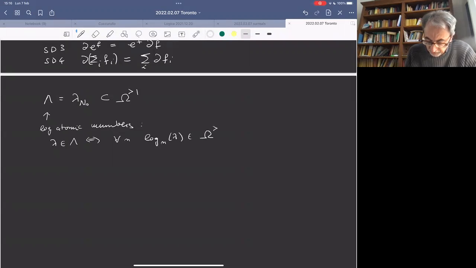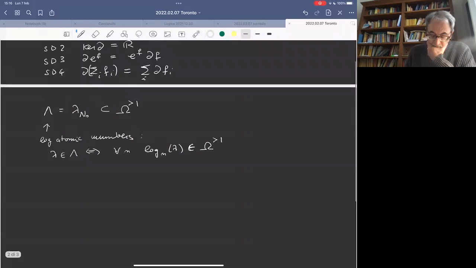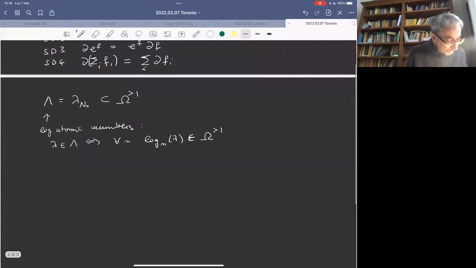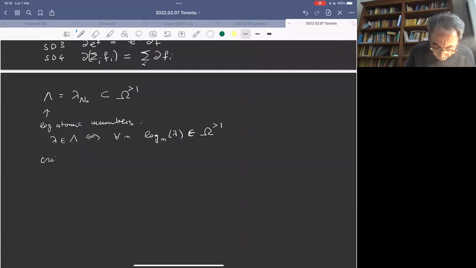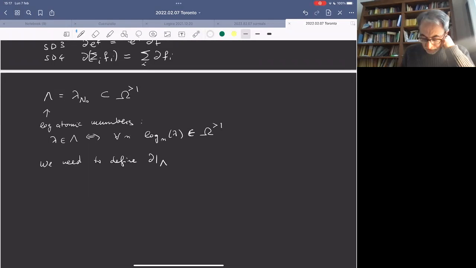Okay, now what is crucial? So in particular, we need to define the restriction of delta to the log-atomic numbers, and this has been done by Vincenzo last time.